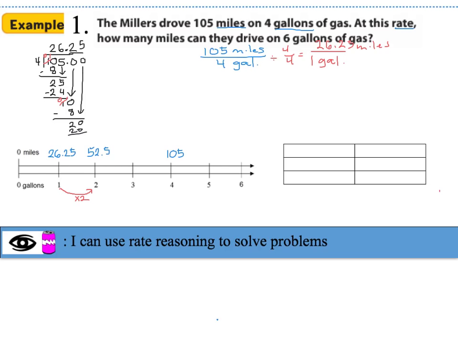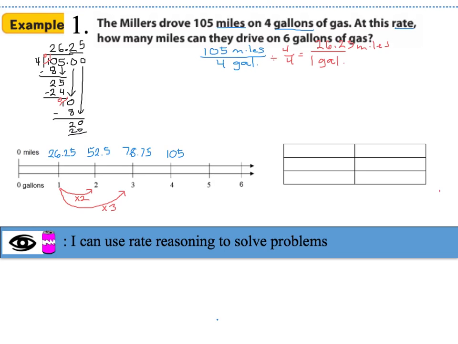So that rate would be 52.5 miles per 2 gallons. I can also multiply the unit rate by 3. So the bottom number would be 3, and the top number would be 78.75 miles per 3 gallons.